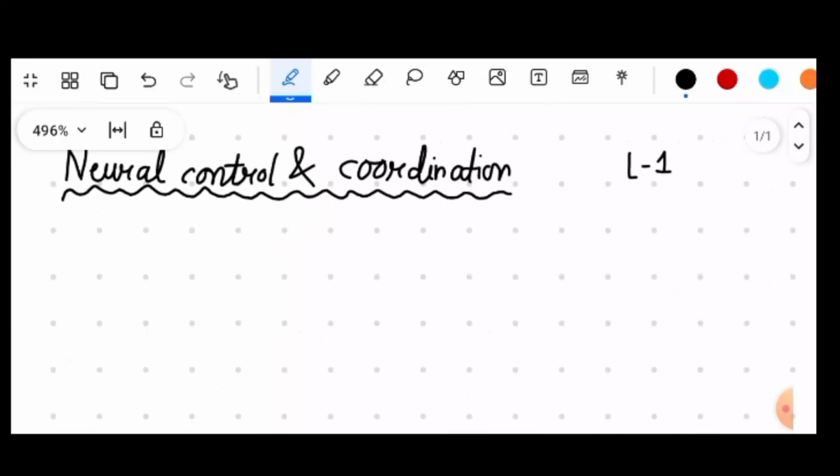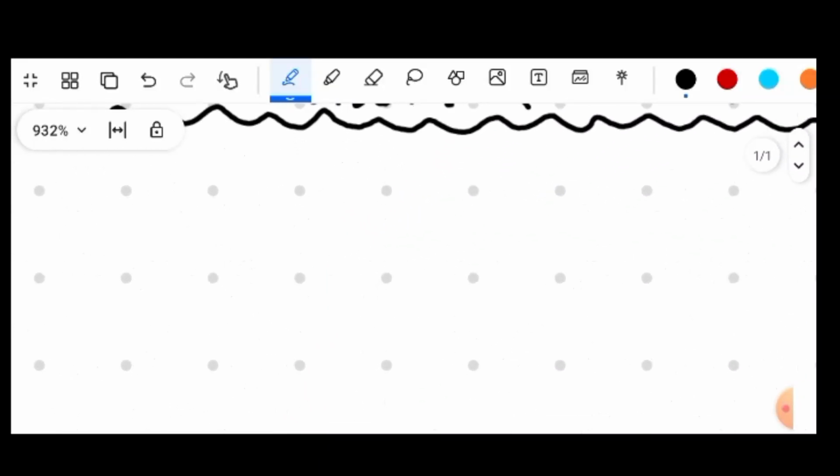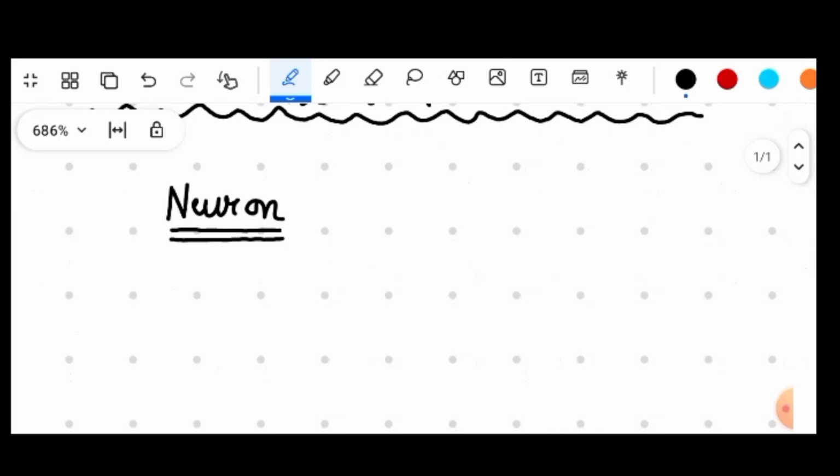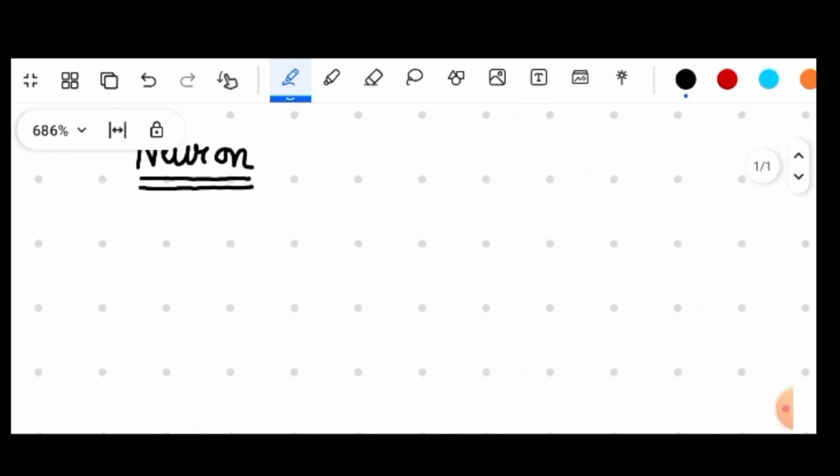First we will understand about the neuron. What is the neuron? How does it look? So basically a neuron is divided into two sections.